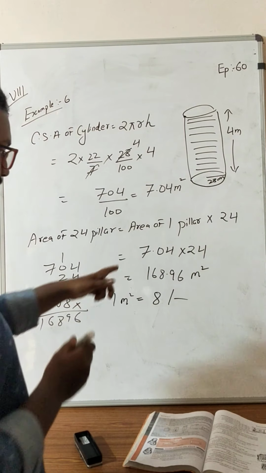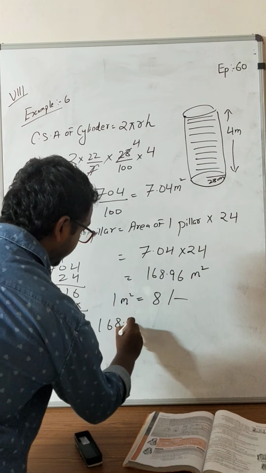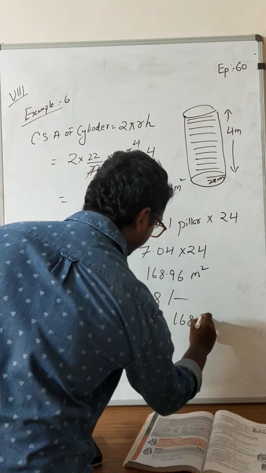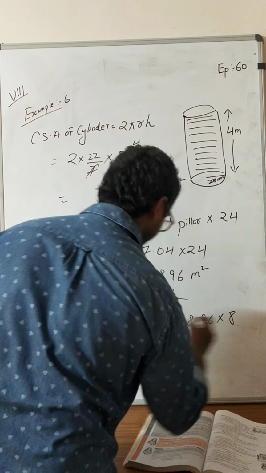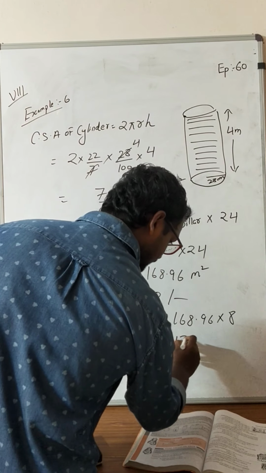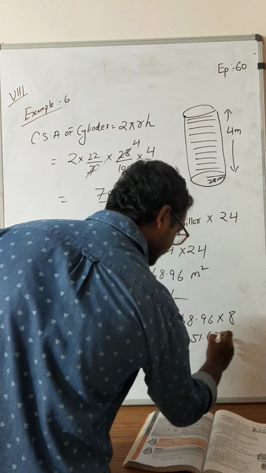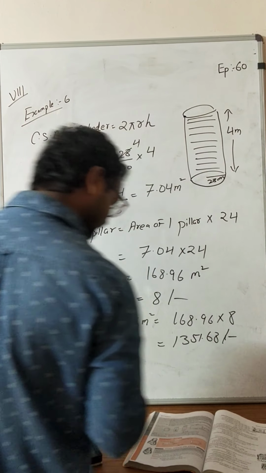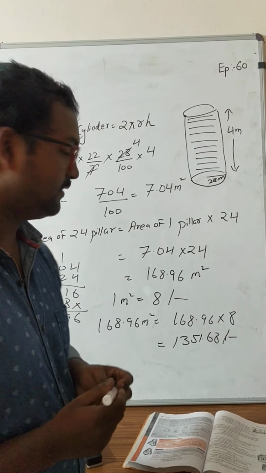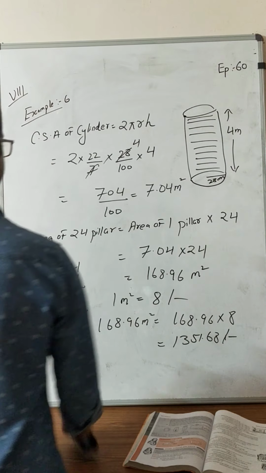Then for 168.96 meter square, the cost is 168.96 into 8, which is equal to 1351.68 rupees. So the total cost is 1351.68 rupees.